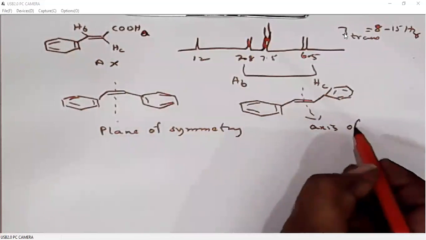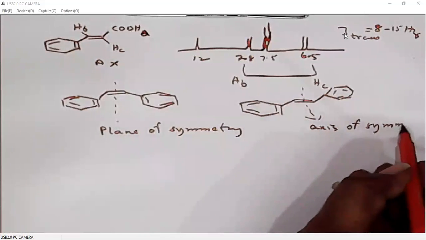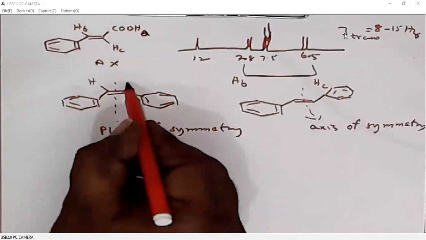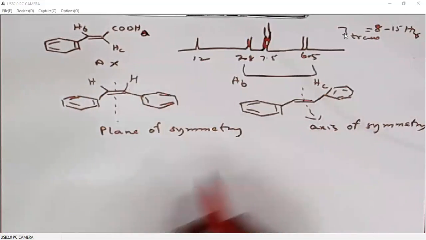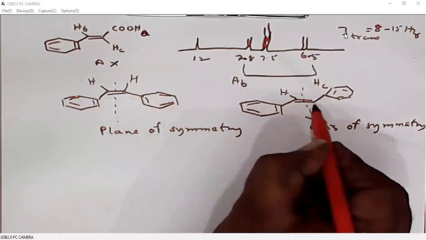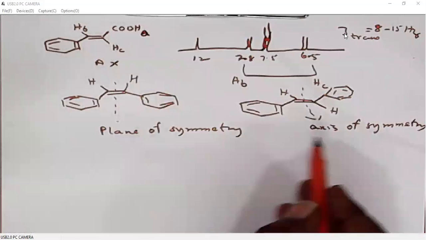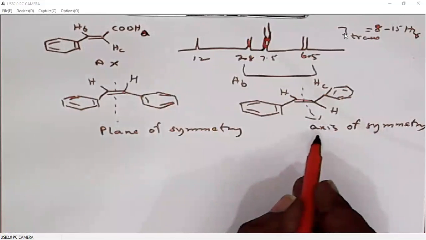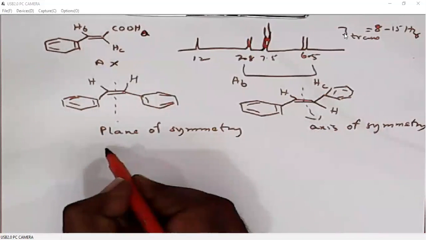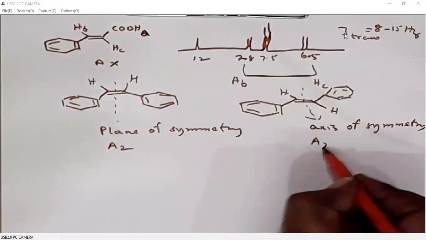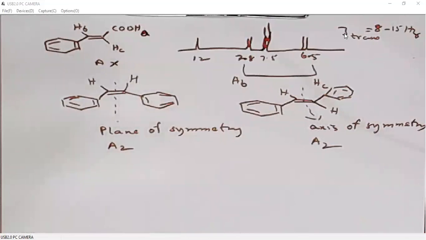When we have a symmetry element, these two protons are chemically equivalent, so they give only one signal. At the same time, they don't split each other. So here a plane of symmetry exists, here an axis of symmetry exists. So these two protons are A type. Because we have two such protons, it is A2, again A2.